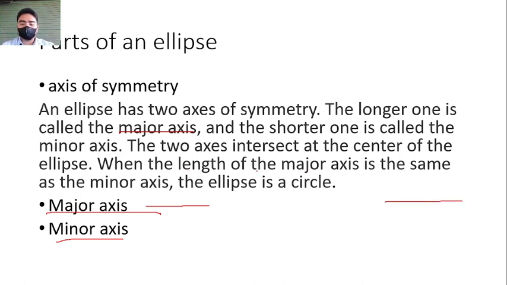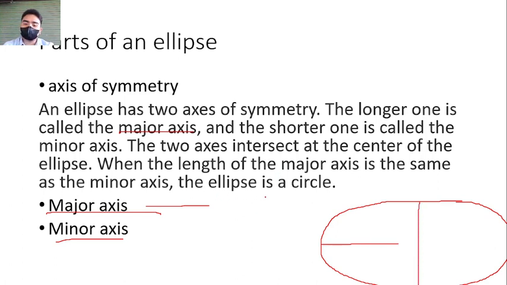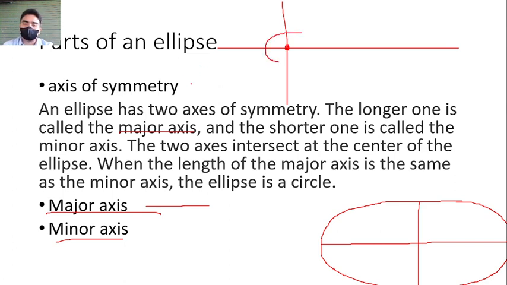So in an ellipse, if this is your ellipse, the parts of the ellipse, isn't it? We have the foci, we have the vertices, we have the major axis, minor axis. In an ellipse, it is always represented that inside of the ellipse there is an axis, no? Even if this is your Cartesian plane, and this is your origin, your ellipse could be placed in here.